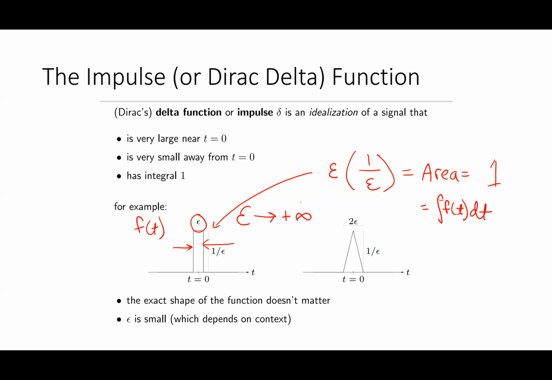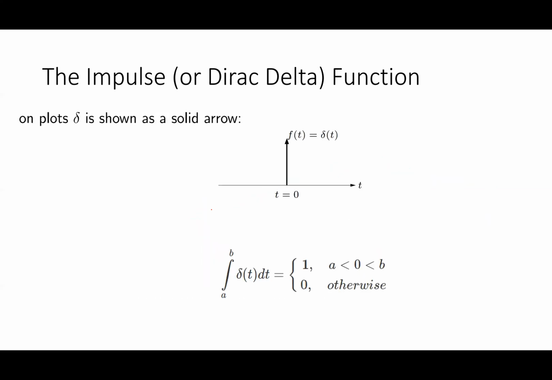If I let epsilon go to infinity, what's going to happen to this height? It's going to go really big. What's 1 over epsilon going to do? Go to 0. In the definition, if we let the width go to 0 and the height go to infinity, I get this function here, and I represent it this way.